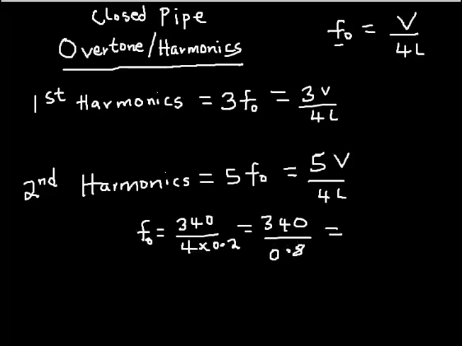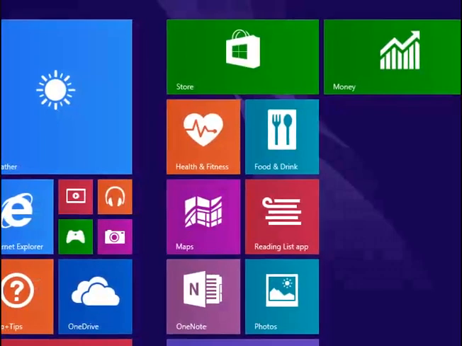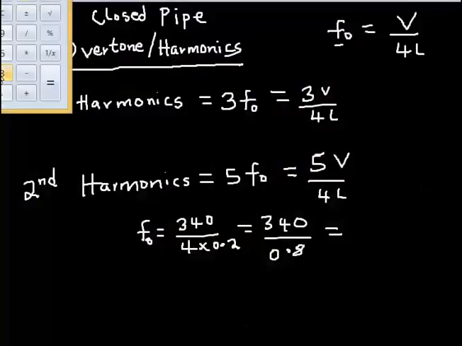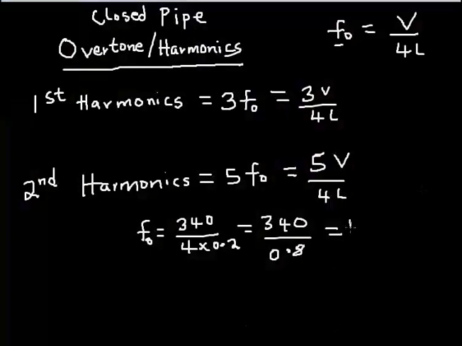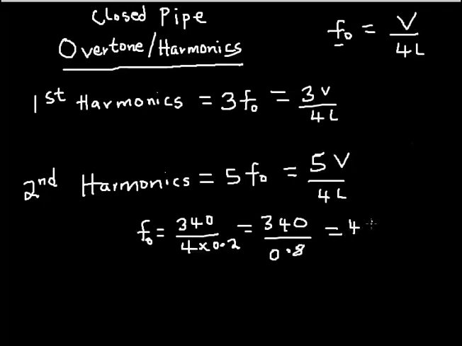Let me get a calculator. So I have 340 divided by 0.8. So let's say that closed pipe, after calculating the fundamental frequency, gave me 425 Hz. This is just the very first step.